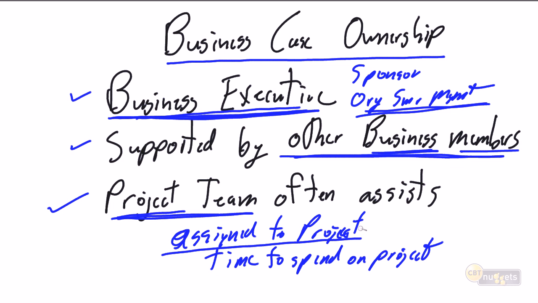So therefore the project team has time to spend on all project activities, and therefore the project team is often called on to significantly assist, and I'm going to say significantly assist, in the development of the business case, both in terms of the need statement and of the benefit statement.